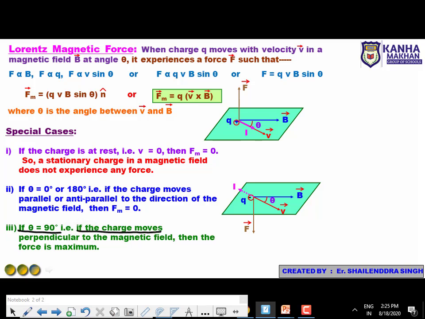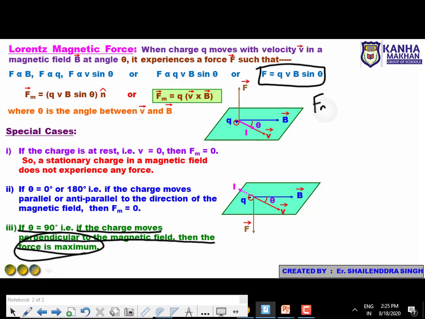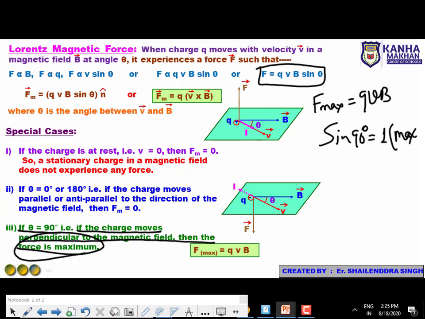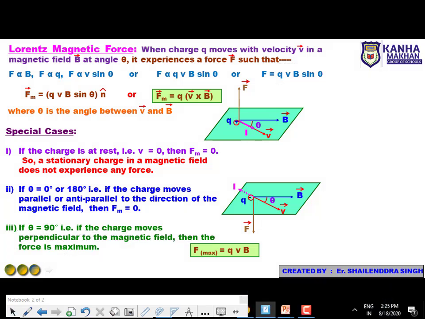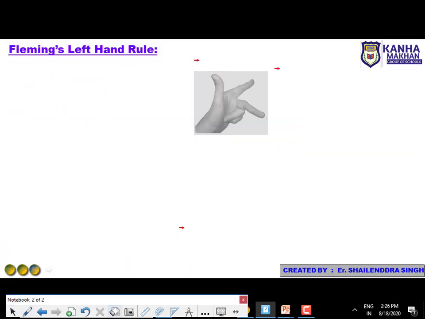The force will be maximum, because in the same formula F becomes QVB when sin theta is sin 90, and you know very well it is the maximum value of the sine. Therefore, F max equals QVB.